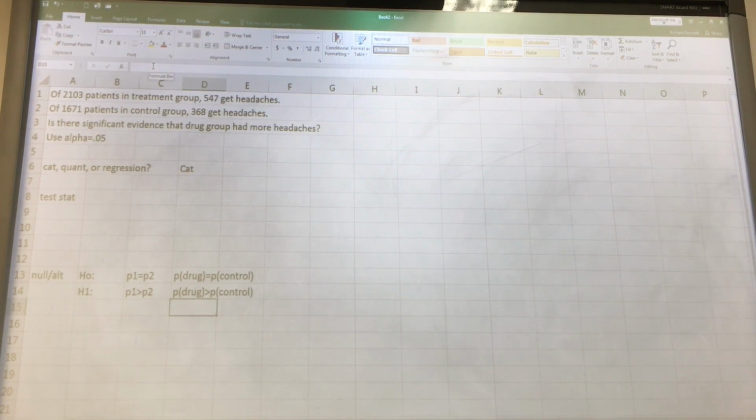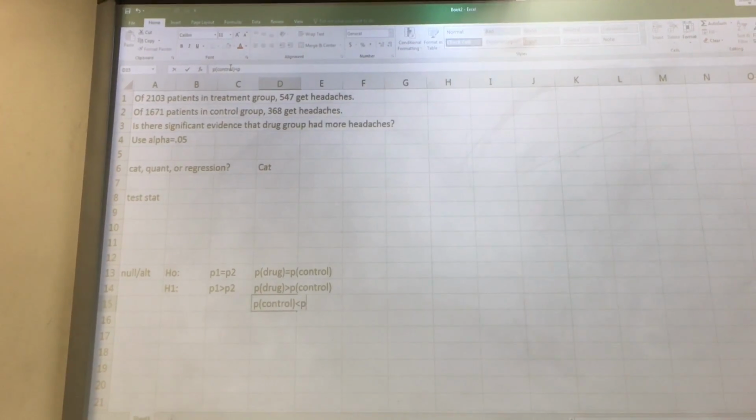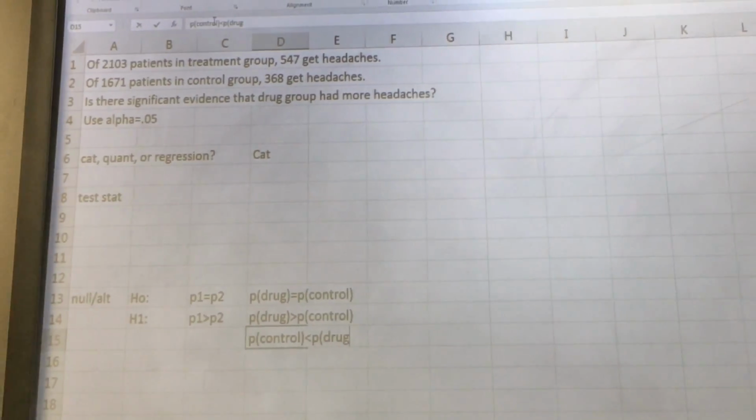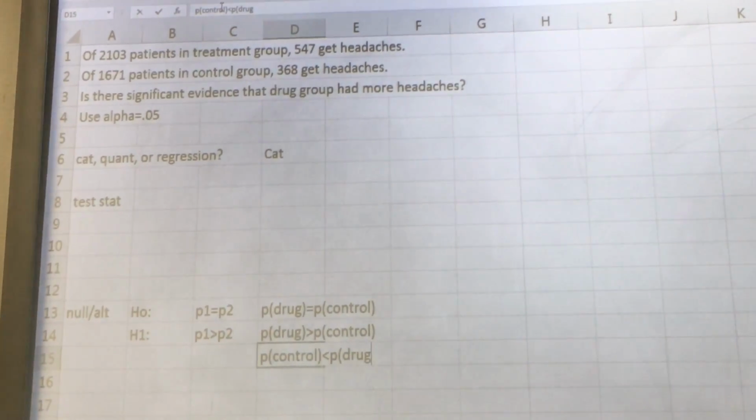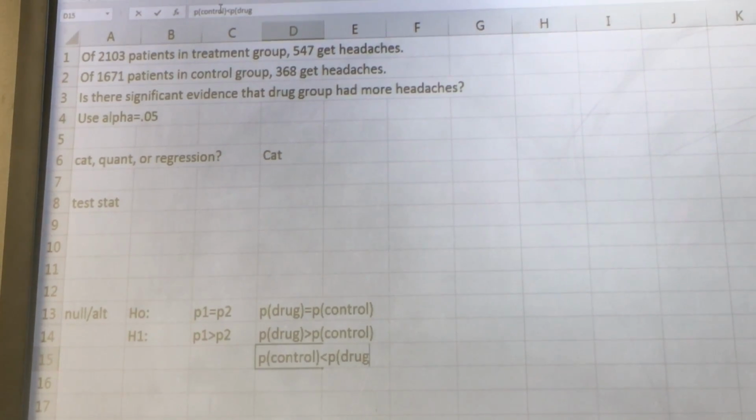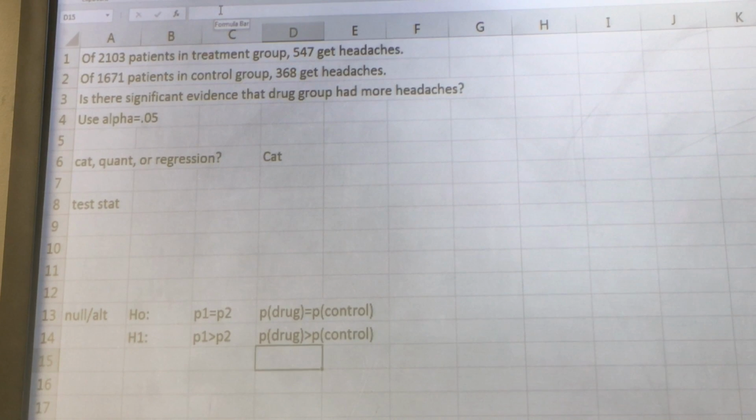Could I say P of the control is less than P of the drug? Yes, I could. Does it matter which way you do it? No. We'll do it the first way just because that's the way we did it originally, but it does not matter, okay? As long as you define those well, okay?